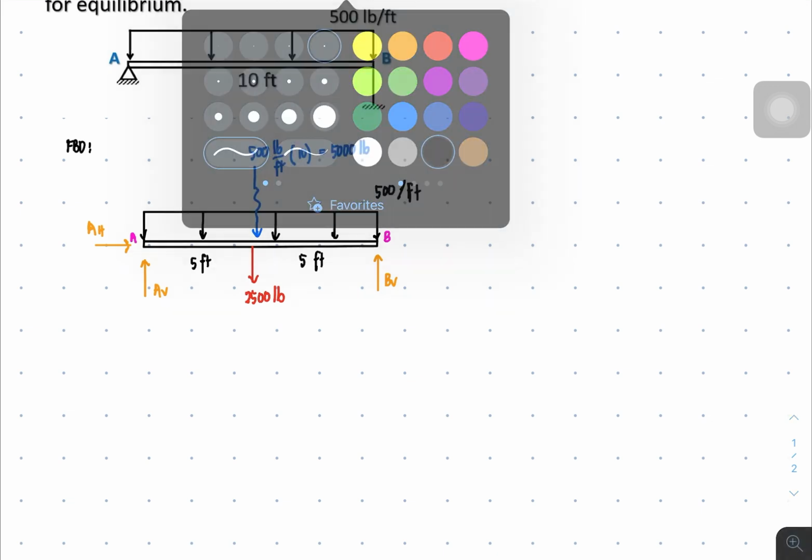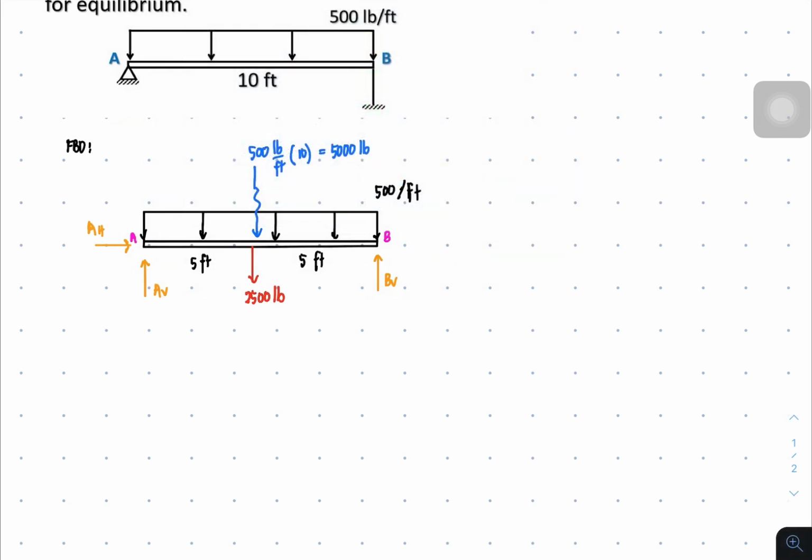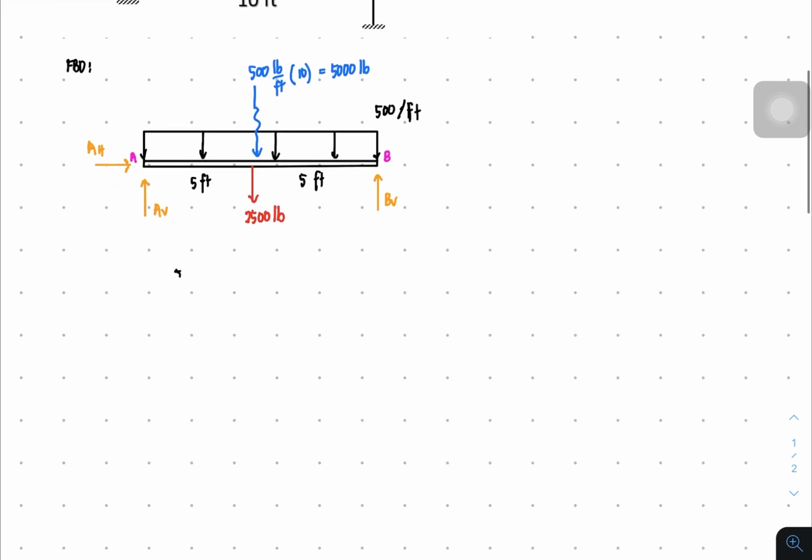This time we will proceed using the equilibrium equations. Let's start with the first equilibrium equation, summation of forces horizontal equal to 0. We'll have to the right positive and to the left negative. Since we are trying to get all the horizontal forces, we will only write the horizontal forces in the equation.